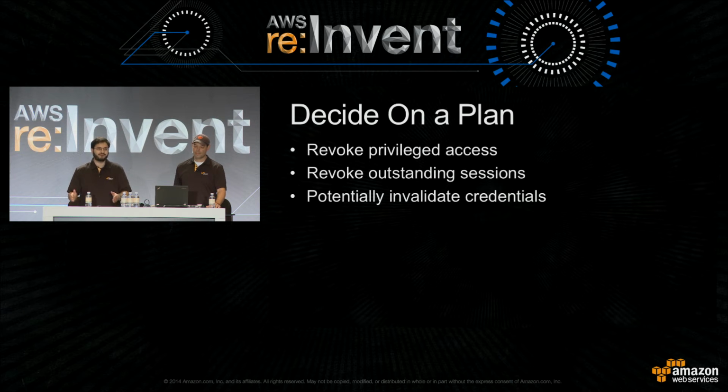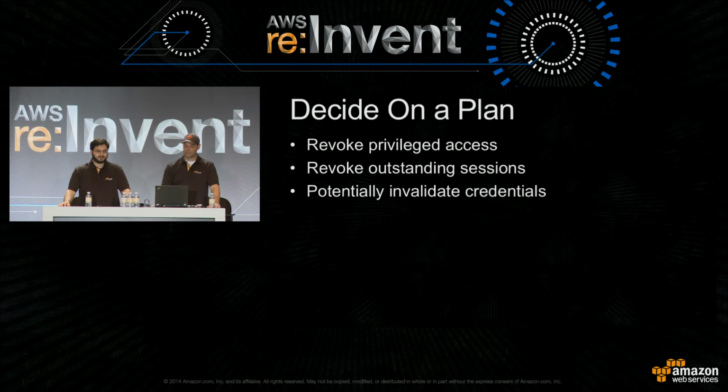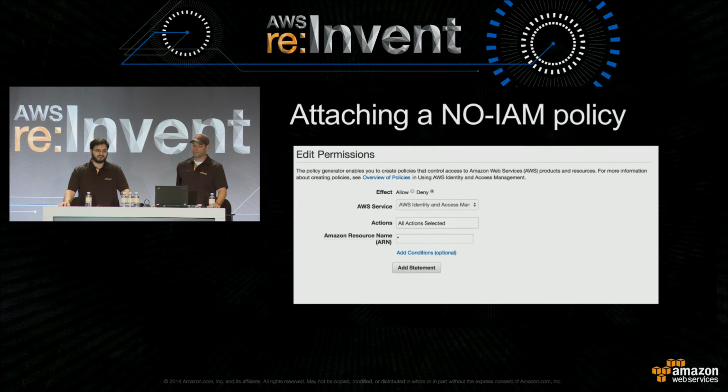And you may only have part of the application where the availability is critical. If that's the case, turn off everything you can safely turn off. You may want to revoke outstanding temporary security credentials, potentially invalidate the credentials that were exposed immediately, potentially wait a bit longer. Let's talk about revoking privileged access.